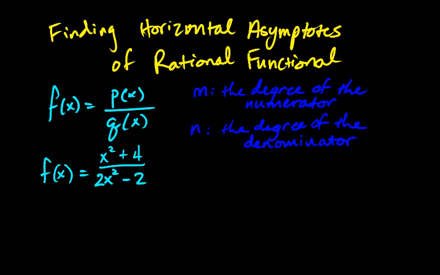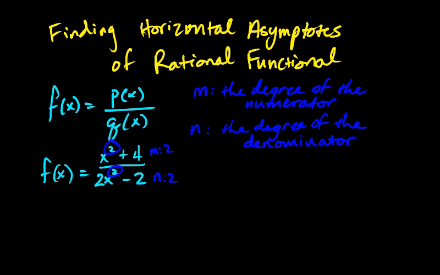So m is the degree of the numerator, n is the degree of the denominator. In my example over here, 2 is the degree of the numerator, so m is 2, and 2 is also the degree of the denominator. It's the highest exponent there, and so n is also 2. So m and n are the same thing in this problem, and we'll see how that affects the horizontal asymptote.